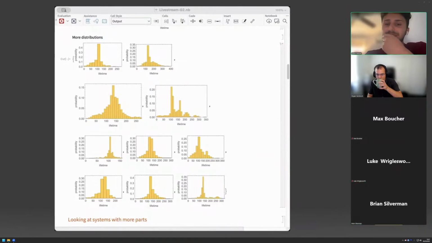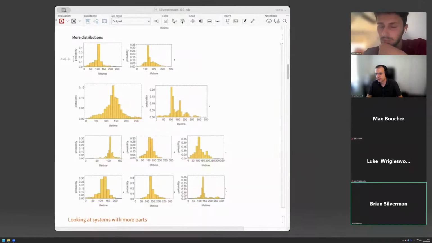So maybe getting back to the things you're talking about. Do you actually think the simple CA is at the right scale for doing this kind of experiment? I think the short answer is yes.